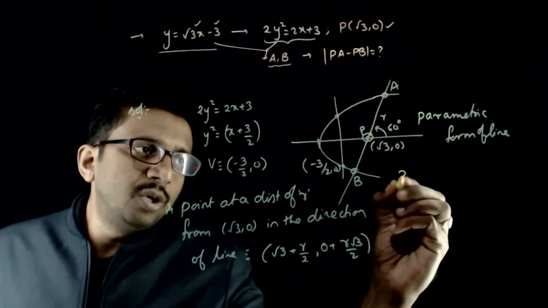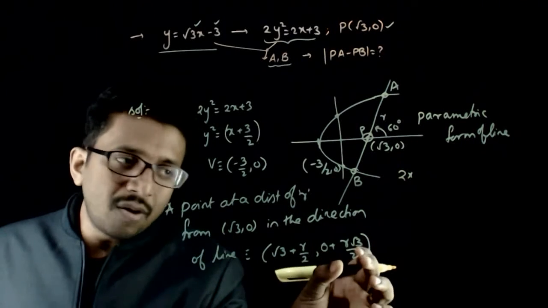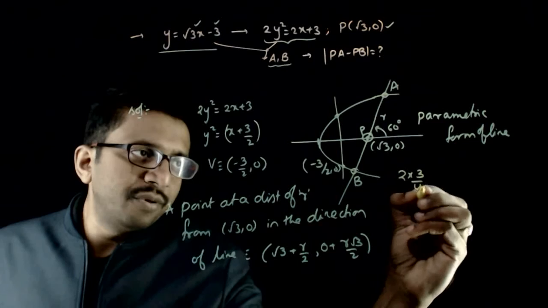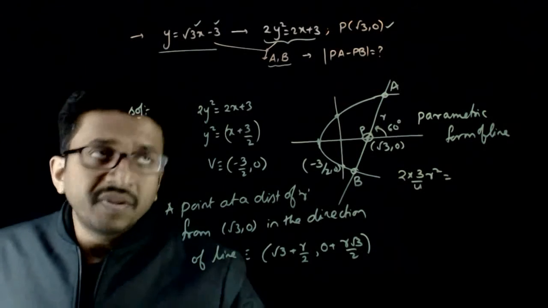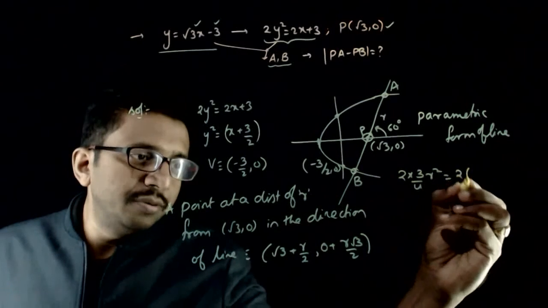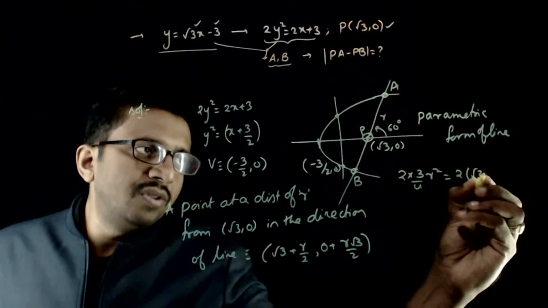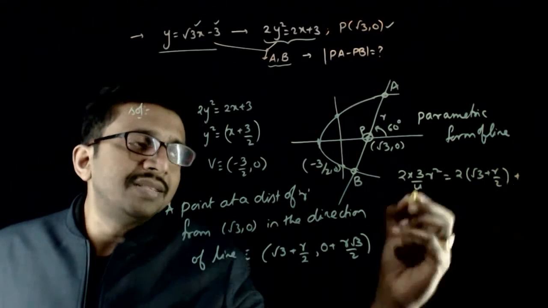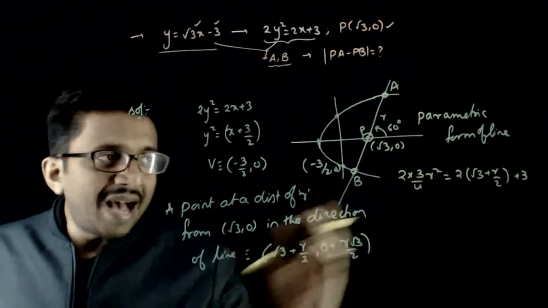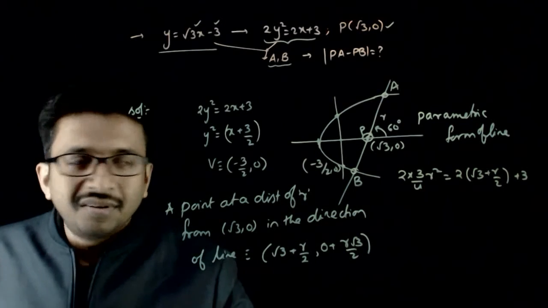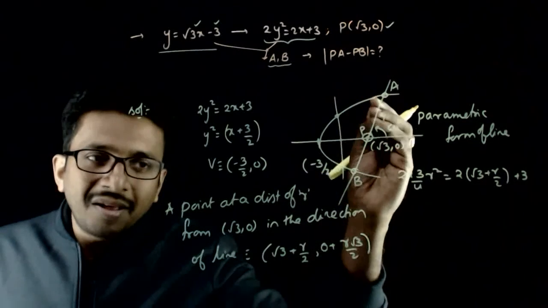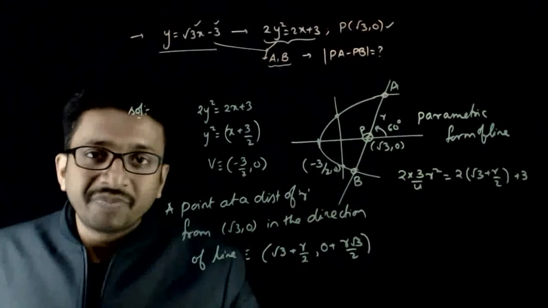That means 2 into y square, the y coordinate square, which is 3 by 4 r square, is equal to 2x plus 3, that is 2 into (root 3 plus r by 2) plus 3. So if r satisfies this equation, then the corresponding point will lie on this parabola.